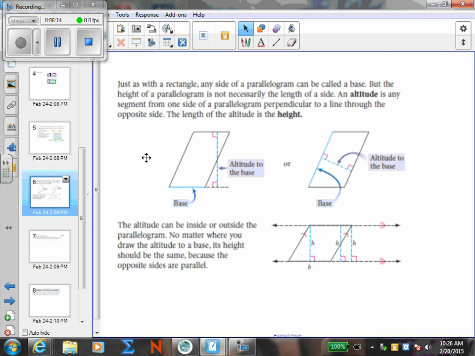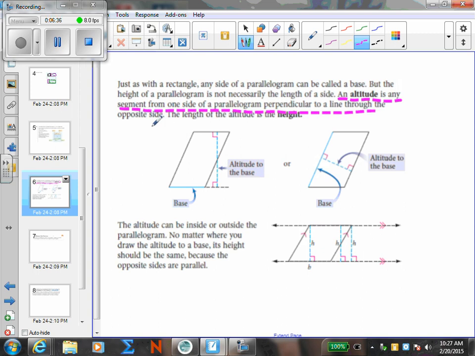The altitude is any segment from one side of the parallelogram perpendicular to a line through the opposite side. The length of the altitude is the height. So you will want to make sure you get these definitions into your notebook.